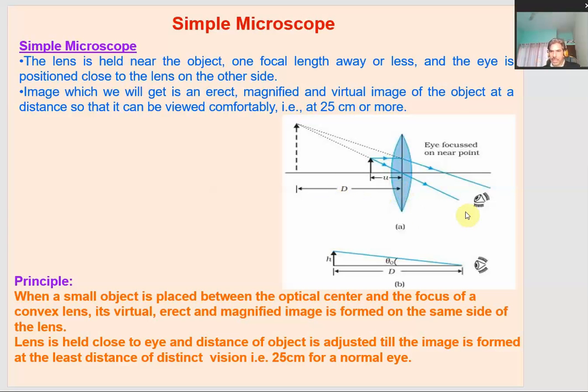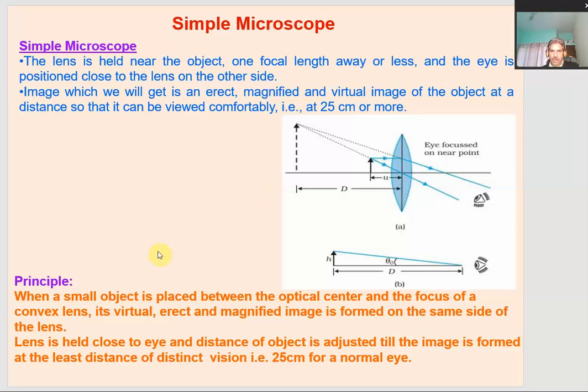The eye is held close to the lens, so the distance from the eye is taken as the distance from the lens itself. Then we will find the magnification for the second case, when the final image is formed at infinity. So let us begin with the principle of this simple microscope, or magnifying glass.